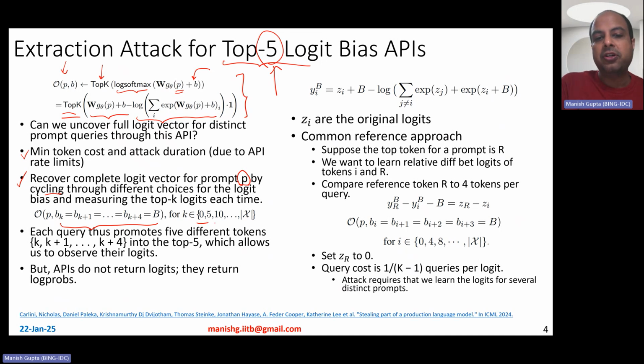You must repeat this for each set of 5 in the entire vocabulary, with |X| being the overall vocabulary size, so that you finally end up with the entire logit vector.